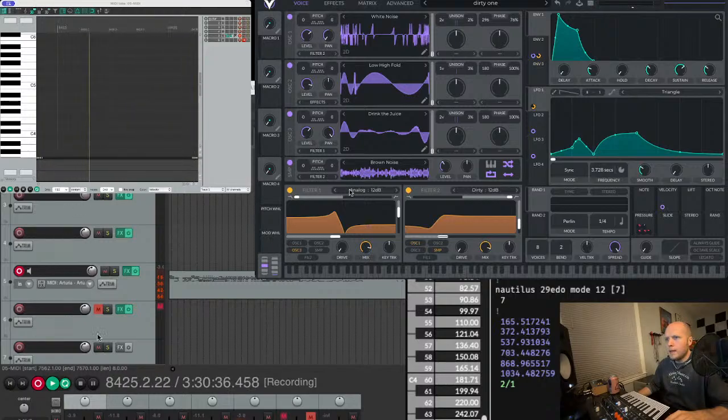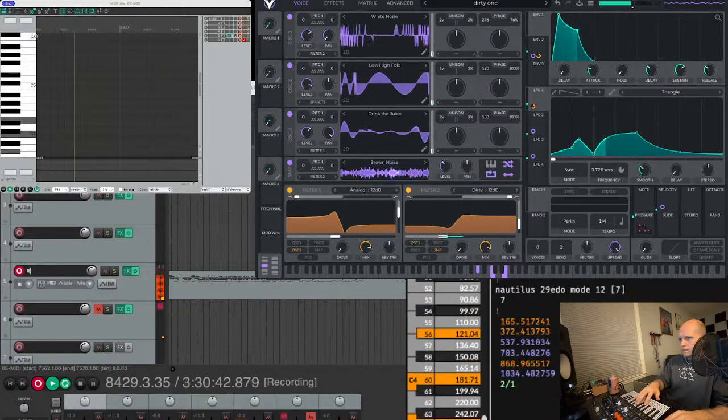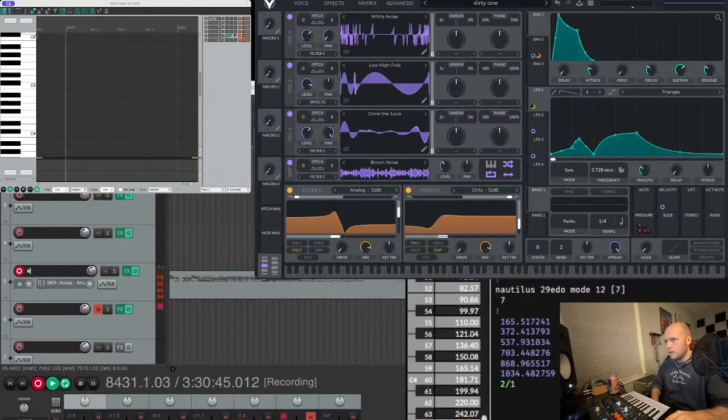So, having found this cool shape, it looks like an augmented chord. Now I'm wondering what other shapes sound like.